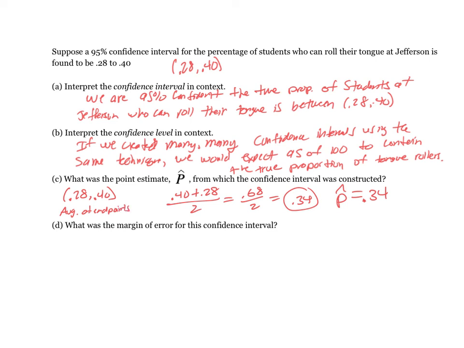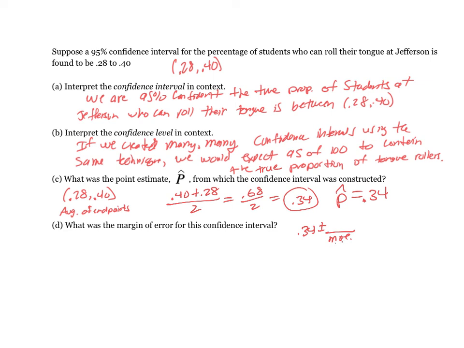So that's something you need to know how to do. Okay, finding the point estimate from the interval. Also, what was the margin of error for this confidence interval? So I want to know, what did you add or subtract to 34%? Okay, so remember it'd be 34% plus or minus the MOE. So what was the plus or minus?